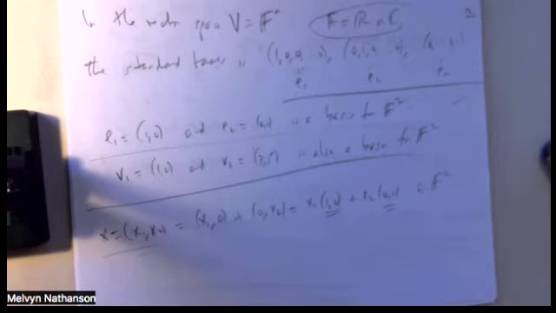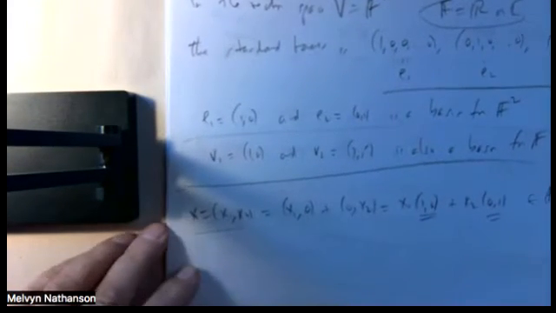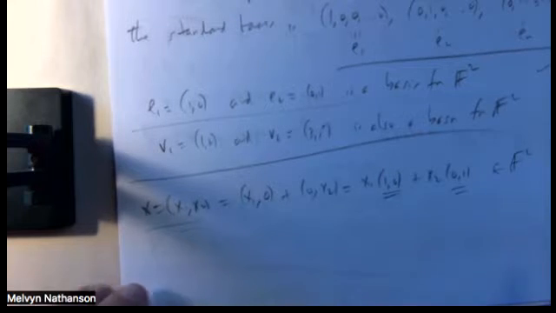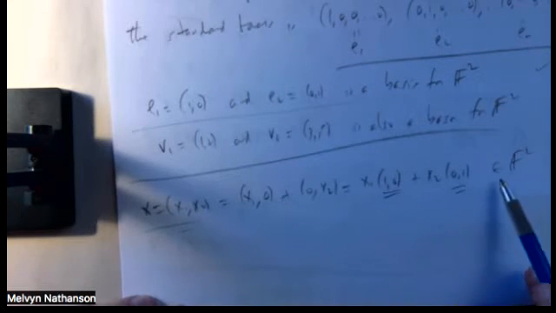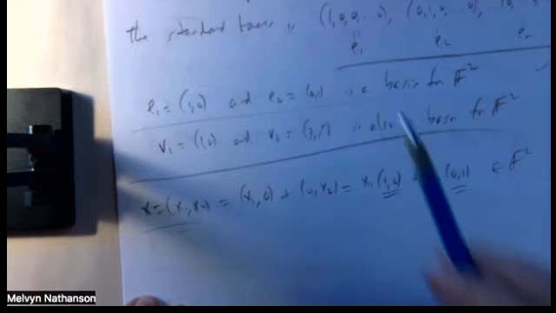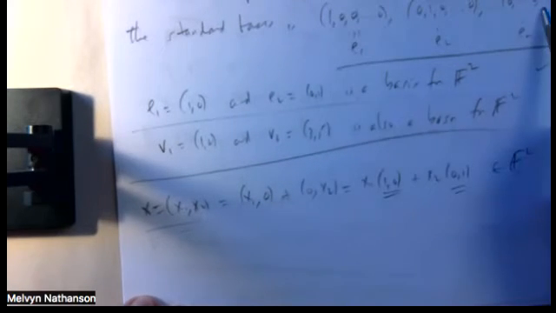Is there a question? Yes, what about E3? This is F2. There's no E3. In Fn, you have n vectors.